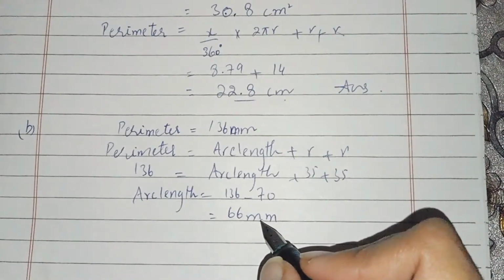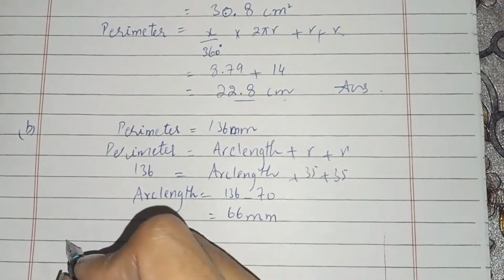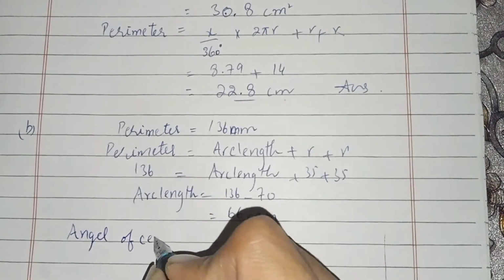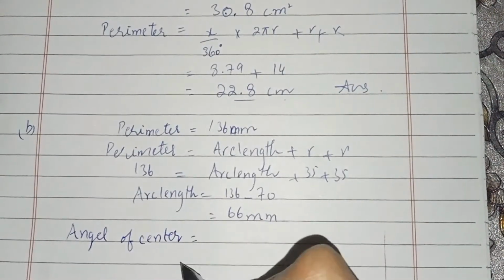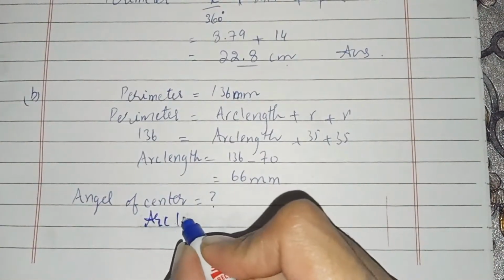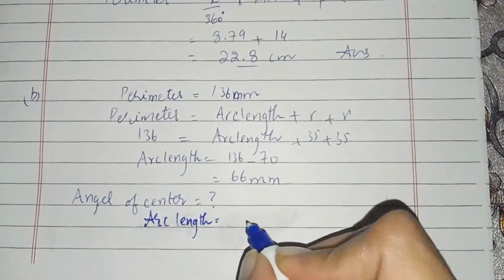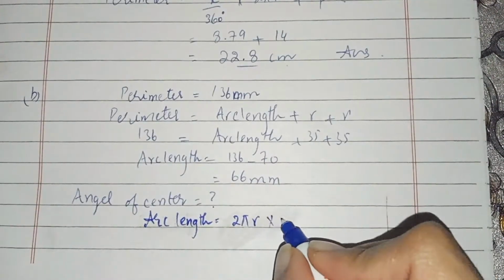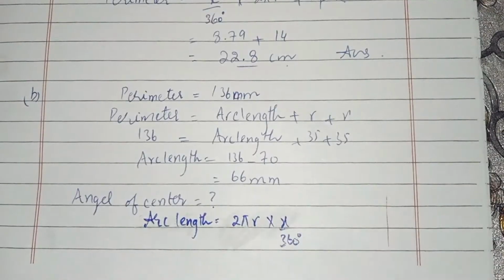Now we have to find the angle at center. You know the formula of the arc length is equal to 2 pi r multiplied by x over 360 degree. Now you have to put the values in it and you can find the x.